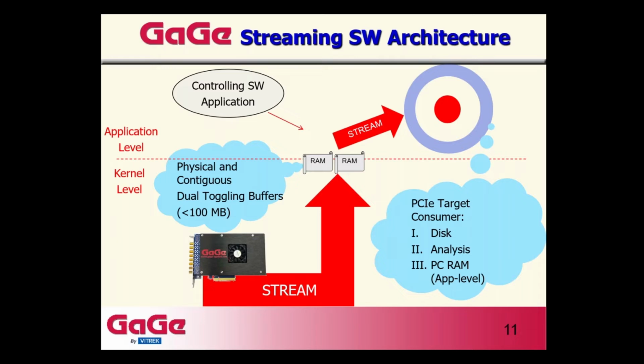If the consumer isn't fast enough, the stream will back up and you'll get a FIFO overflow from the memory on the card, which is actually down here. So that's the mechanism we use to interface the data stream to the customer's application, these specialized dual toggling RAM buffers. As for what the target is, that can be three main things, I would say.